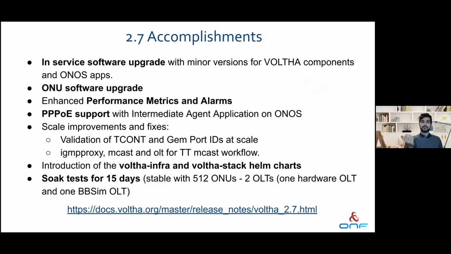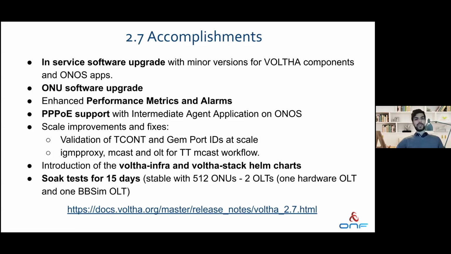Let me do a small recap of what we accomplished in 2.7. We accomplished in-service software upgrade with minor versions for both VOLTHA components and ONOS apps. We achieved ONU software upgrade. We enhanced performance, metrics and alarms, especially on the OpenONU Go. We included PPPoE support with the intermediate agent application on ONOS.